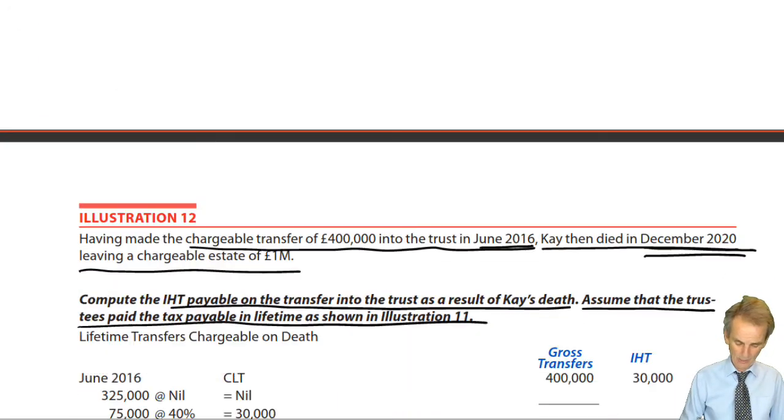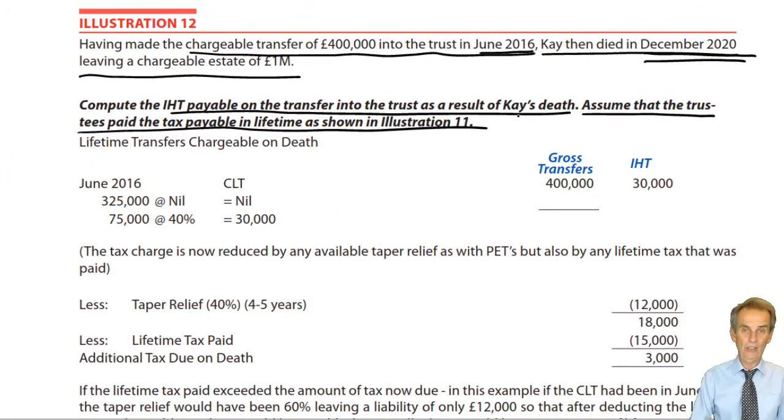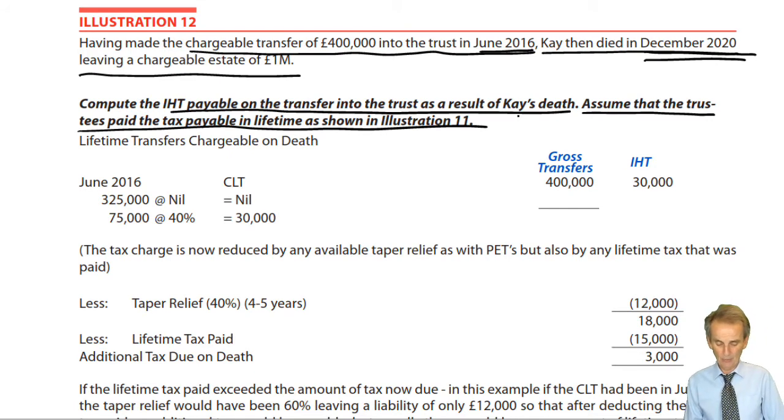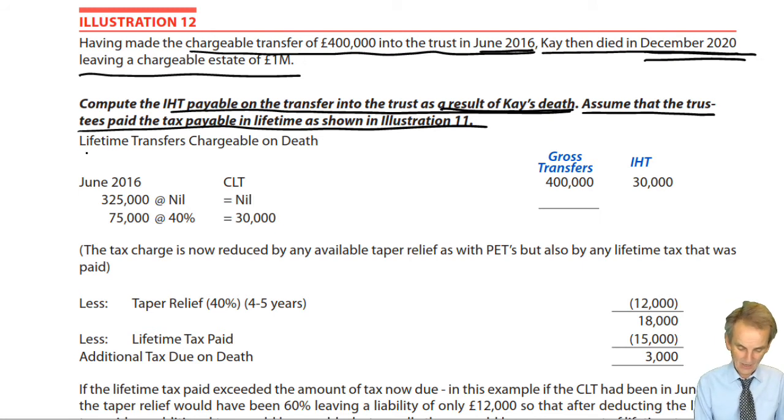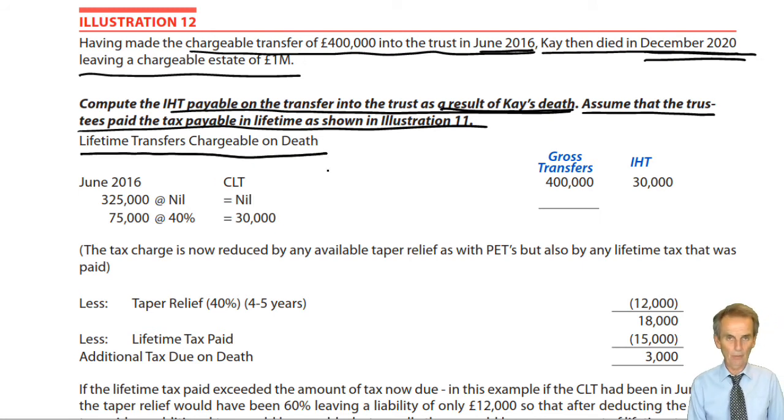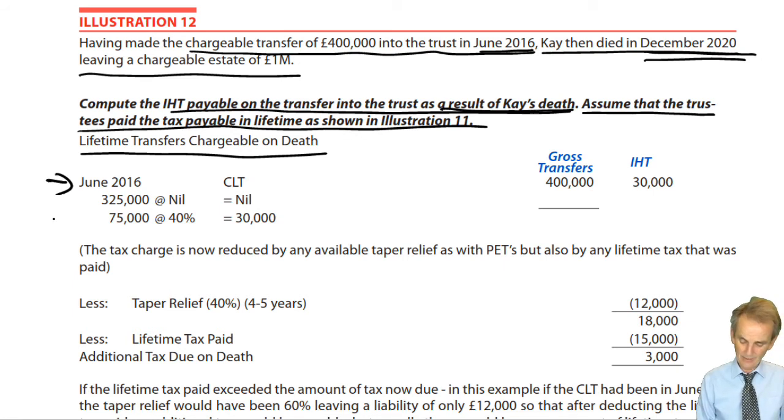We're now dealing with, on death, what is the tax payable as a result of the death of the taxpayer, as a result of Kay's death, lifetime transfers chargeable on death. Now here, there's no PETs, there's just this single CLT. Was it within the 7 years before the date of death? Yes, the date of death was December 20.